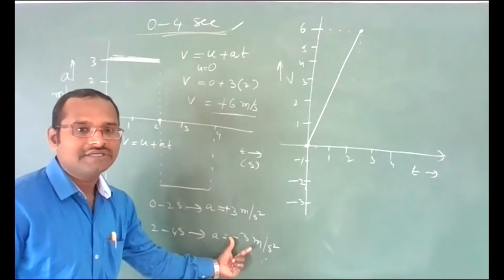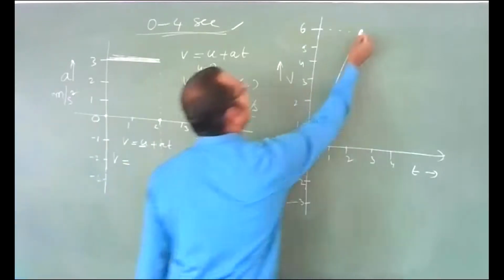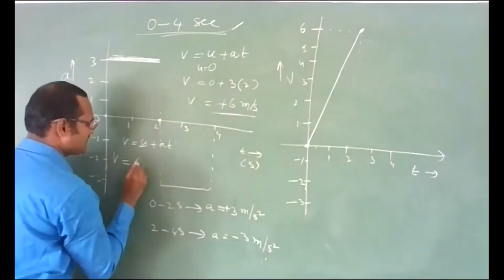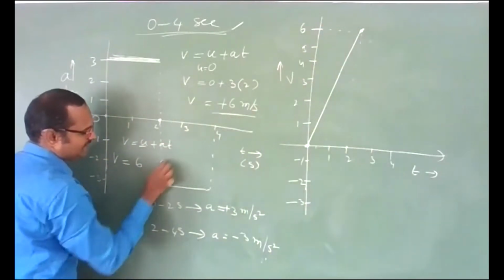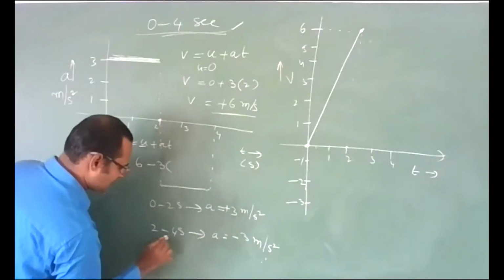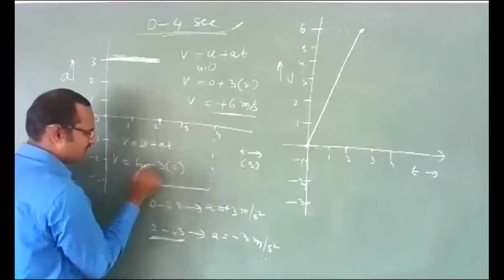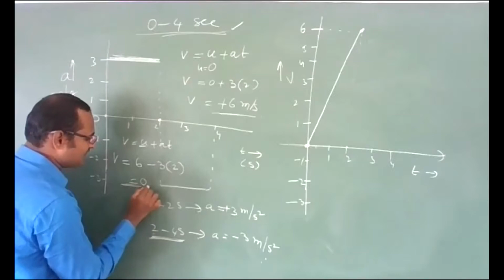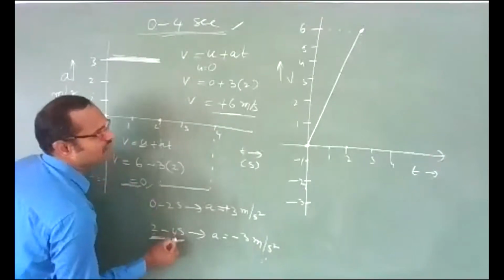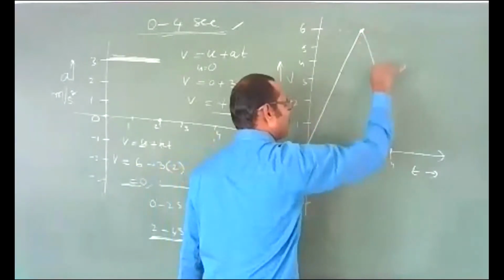So velocity is equal to, initially 6 meter per second minus acceleration is minus 3 into 2 seconds. What is the time? Duration 4 means 2 seconds. So 6 minus 6 is 0. Means velocity is becoming 0. Final velocity becoming 0 in a time of 2 seconds. Means up to 4 seconds, velocity should become 0 again. So graph is.